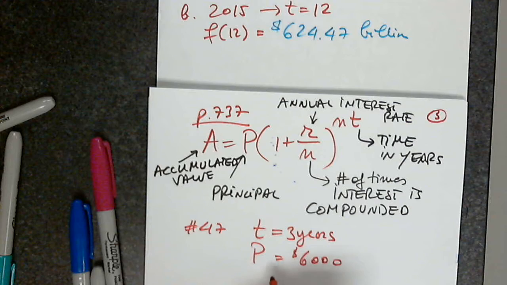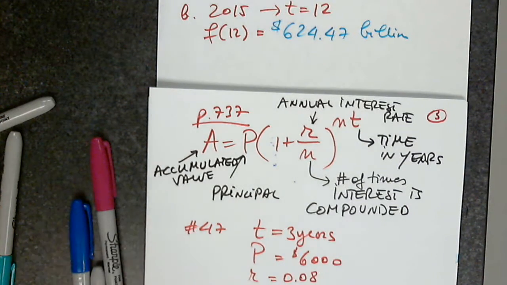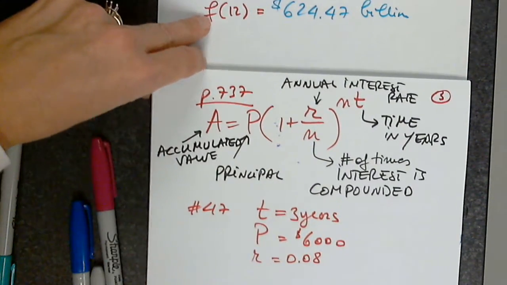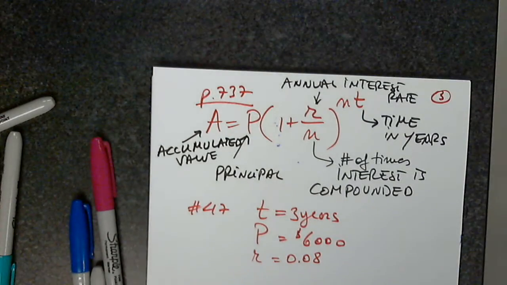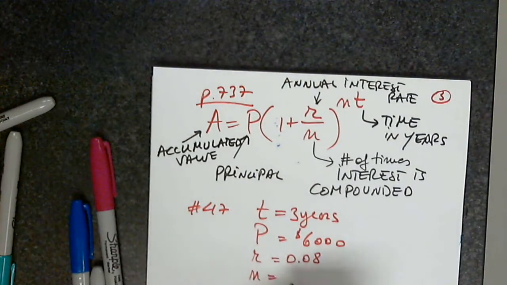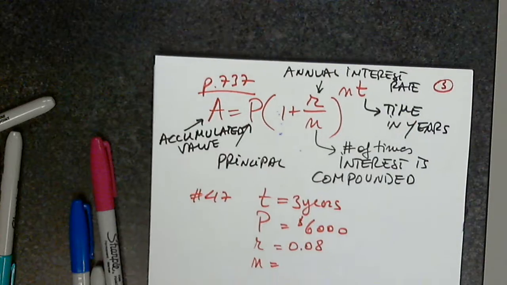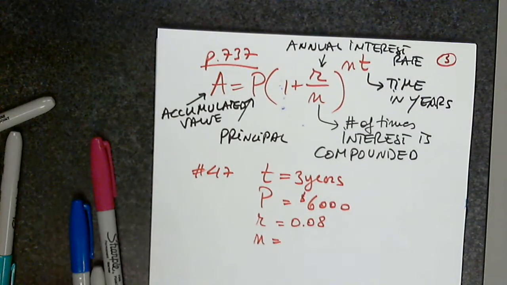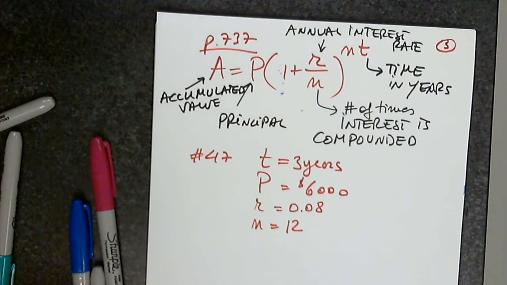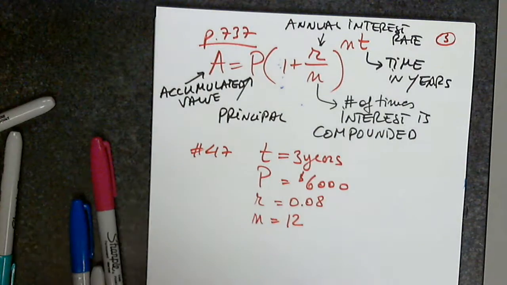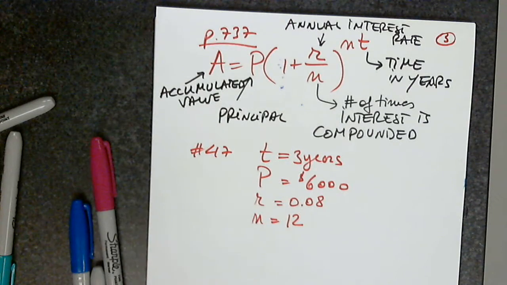What is that? 0.08, very good. I cannot use percentages. Compounded monthly. How much is N for compounded monthly? How many months are in a year? 12. Good.